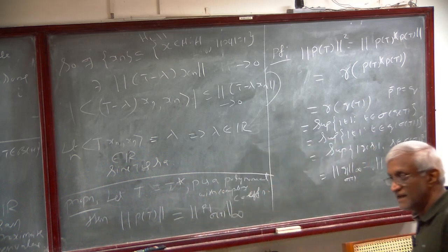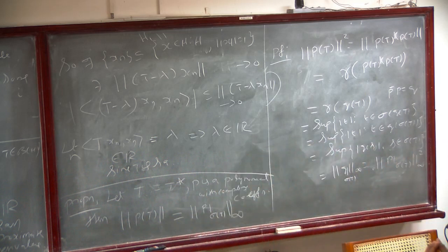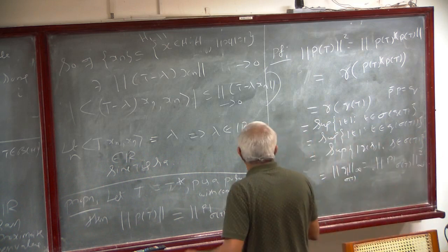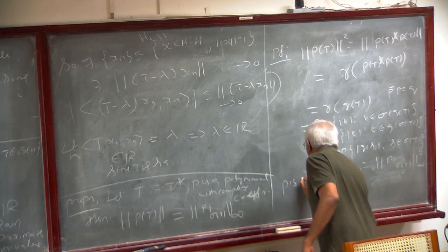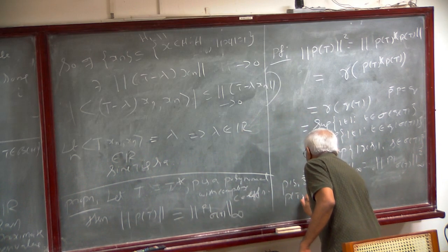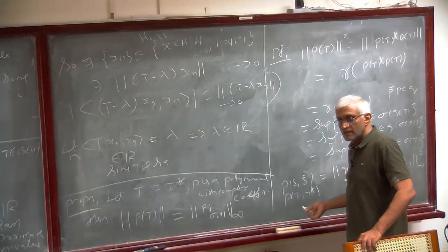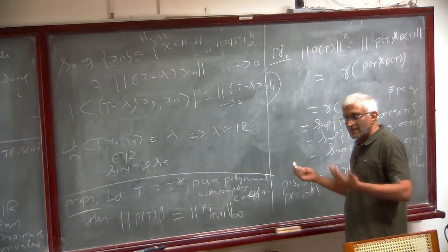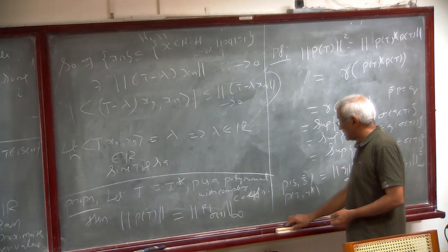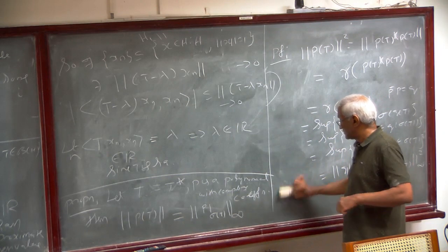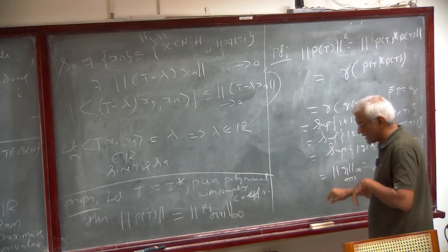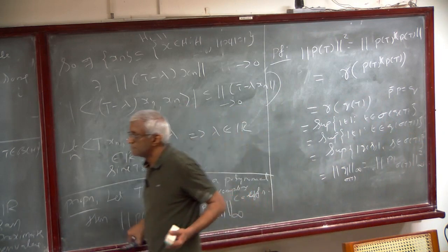In fact, you can take any polynomial in T and T star, a two-variable polynomial in Z and Z bar, P of Z, Z bar, and insert T, T star there. This will also be normal because T and T star commute, right? Anyway, we'll come back to this.